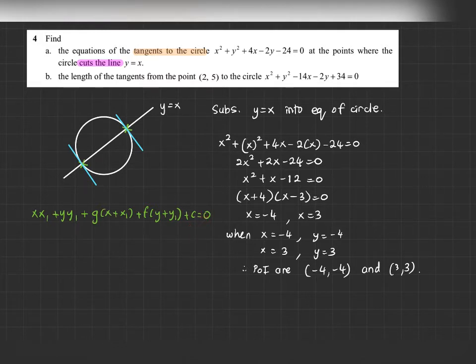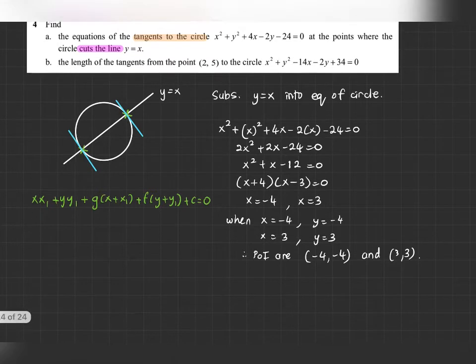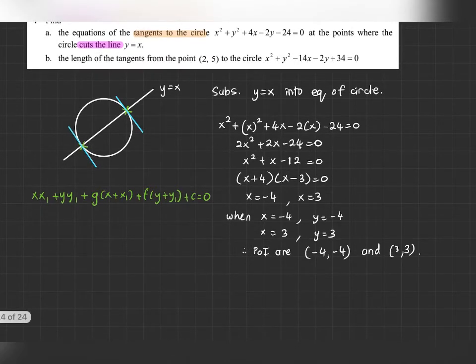So kat sini saya nak gunakan cara ini, di mana kita akan cari apa itu g, f and c. Okay, so from this equation here, alright, so 2g sama dengan 4, so kita ada g sama dengan 2, 2f equals -2, and f equals -1, and c equals to -24.